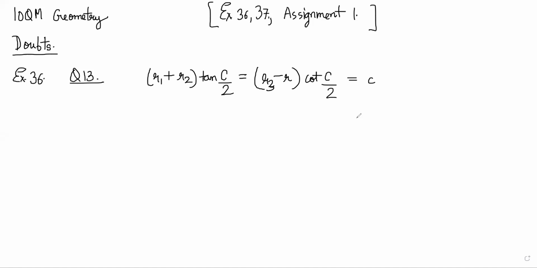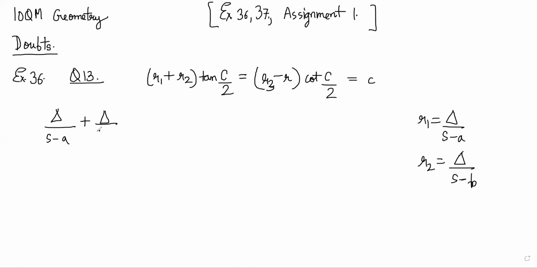So use the formula for R1, R2. You can say R1 is equal to del by s minus a and R2 is equal to del by s minus b, where del is the area. So you can say del by s minus a plus del by s minus b multiplied by tan C by 2.